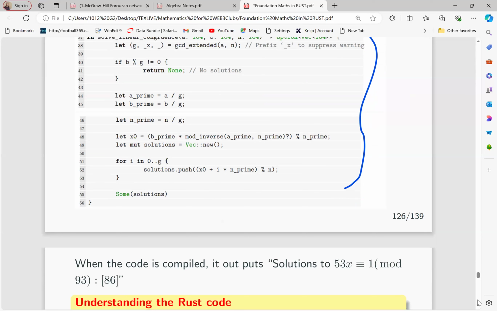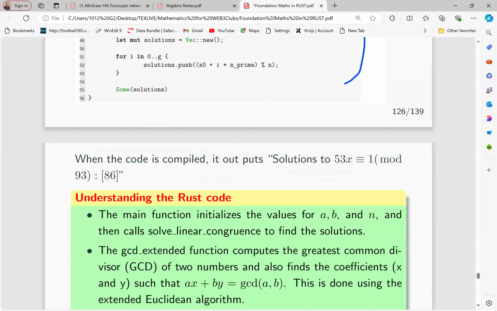Of course, I've explained the code here. Let me just share the code first of all. Then we look at it. Just open it.